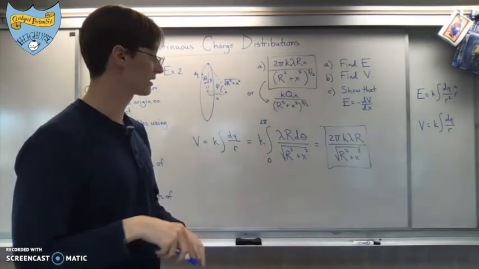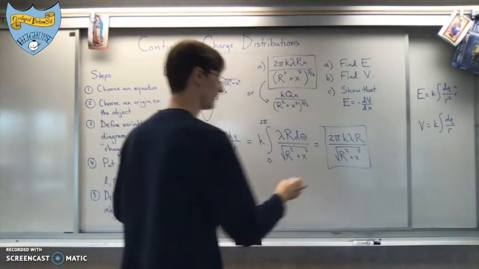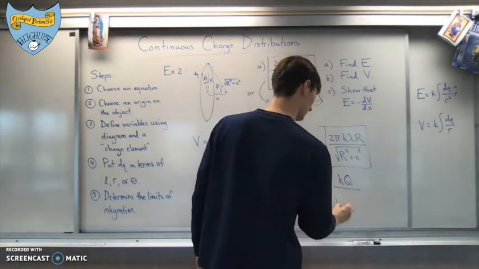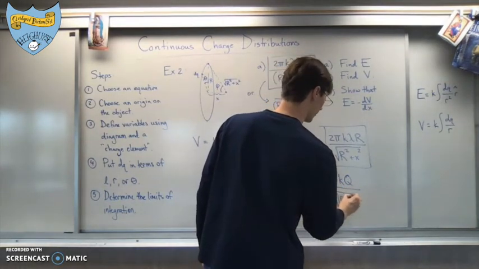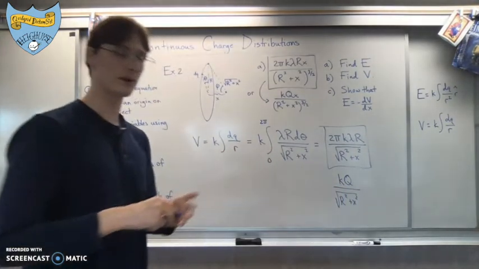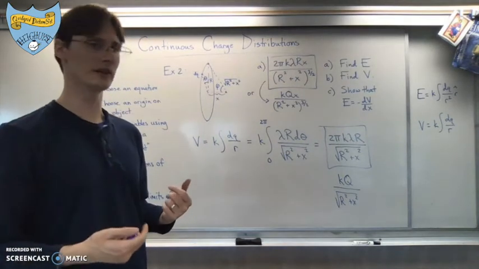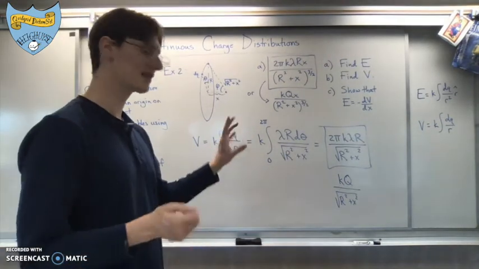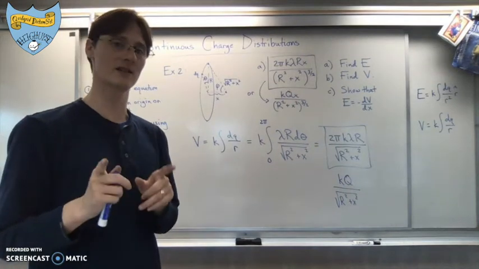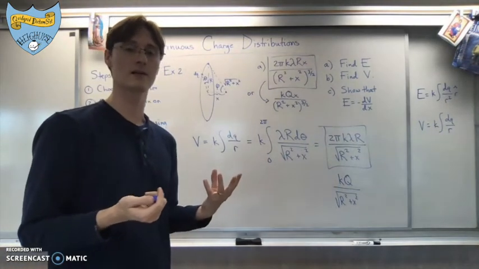And of course, you can put this in terms of Q instead of lambda. That answer looks like KQ over square root of r squared plus x squared, which, by the way, at the end of the previous video, I said should look familiar, KQ over R. This is actually doing the same kind of thing. Remember, since potential is a scalar quantity, sometimes you can sort of shortcut to the answer.